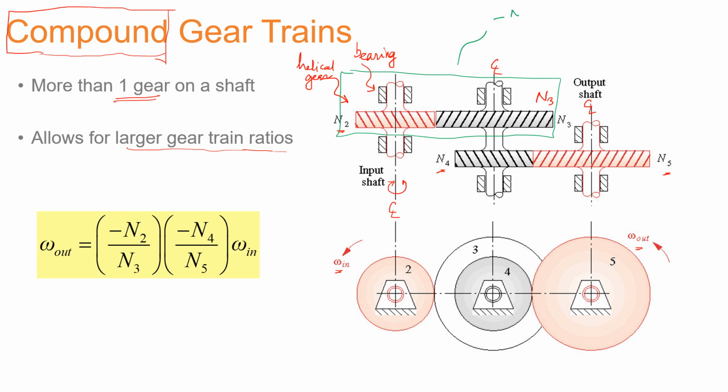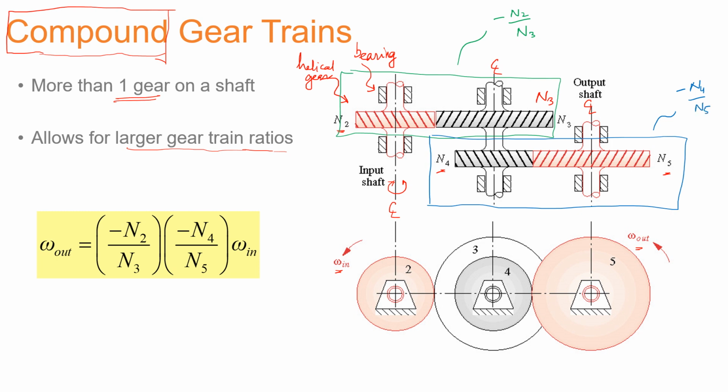So this is going to be N2, which is the number of teeth on the input gear, divided by N3. And if I use another color, let it be blue for the second stage over here, this would similarly indicate the direction reversal, minus, and that is going to be N4 on the input side and N5 on the output side.